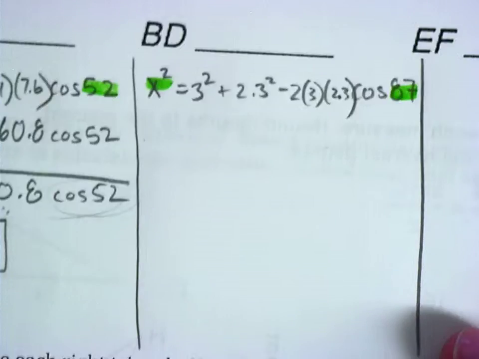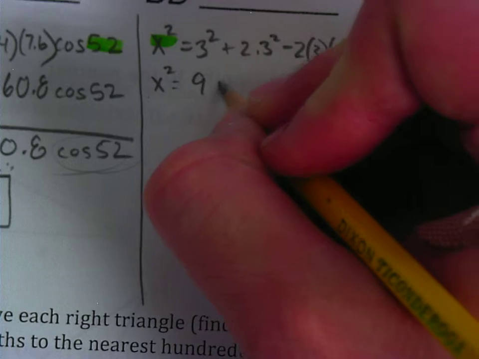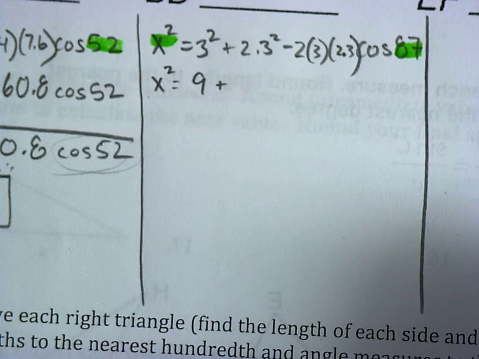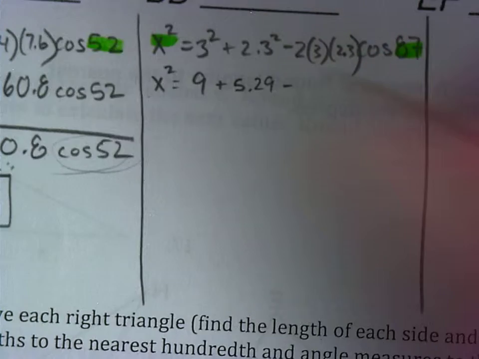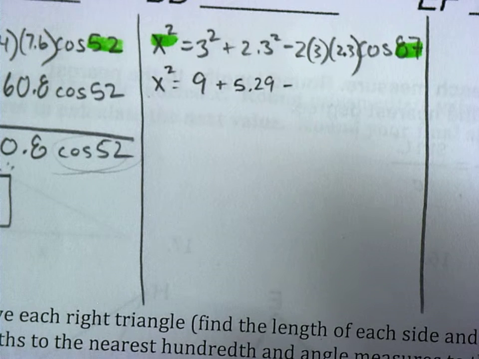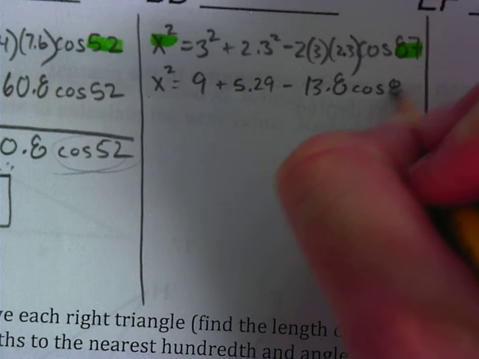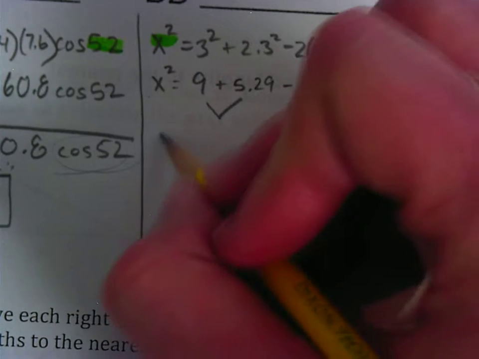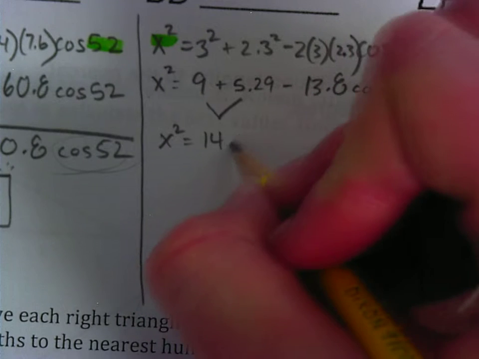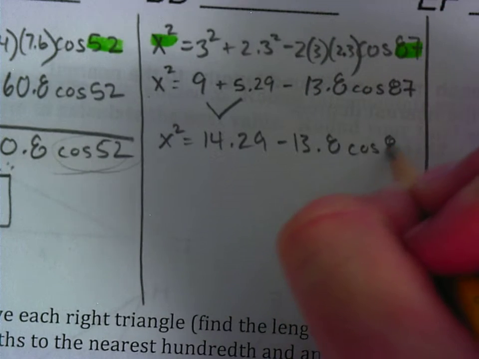So once we have that, again, it's not too much more geometry. We're just solving for x. So 2.3 squared is 5.29. And then 2 times 3 is 6. 6 times 2.3 is 13.8 cosine of 87. Right, well, I'm just going to combine these. X squared equals 14.29 minus 13.8 cosine of 87.